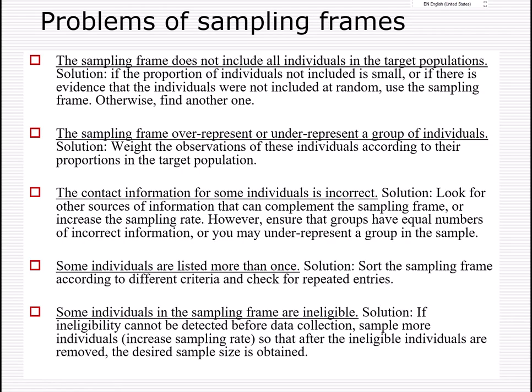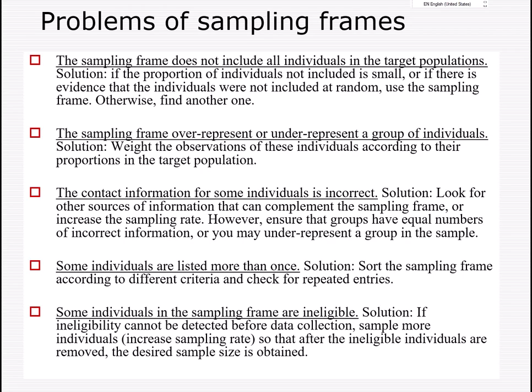So these are some problems. If not all target individuals are included and the excluded group is small but not systematically different, this may be manageable. Otherwise, you have to look for a better frame. Overrepresentation, underrepresentation, the solution is to use weights. If you have information about the underrepresentation, though, or the correct contact information, you may supplement with a different sampling frame.